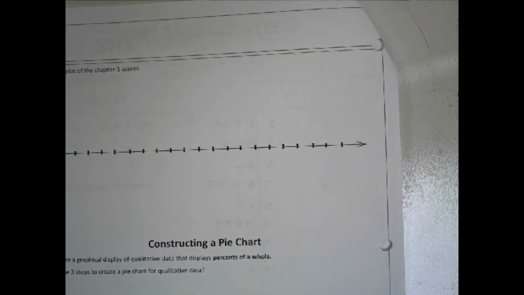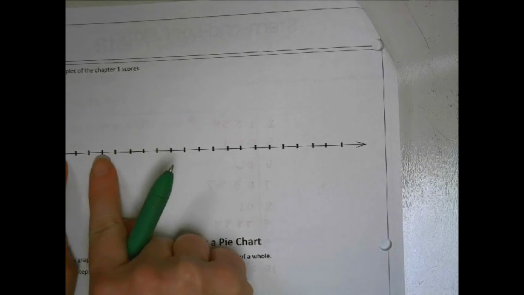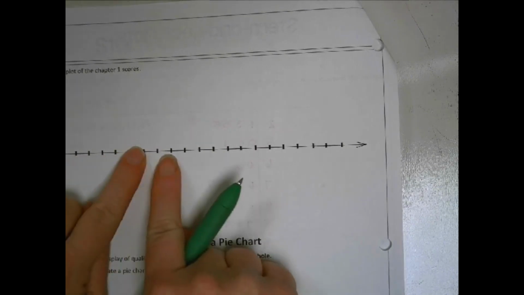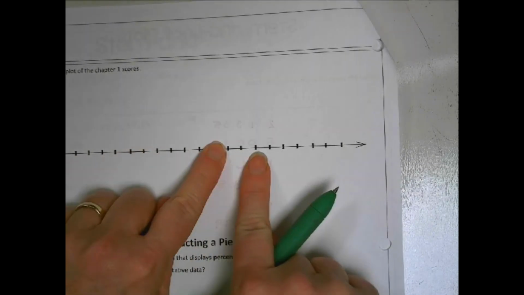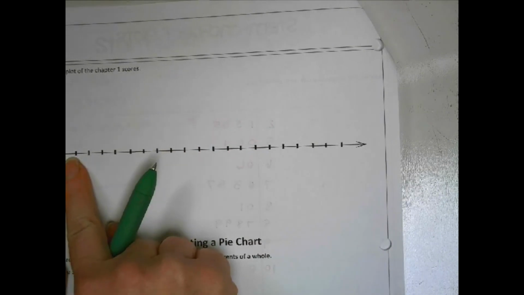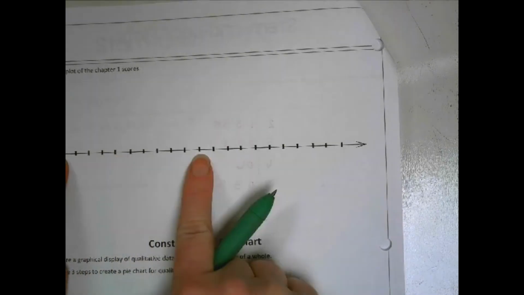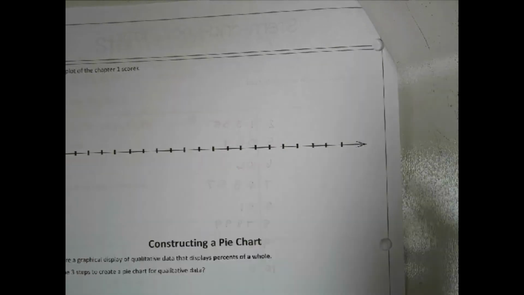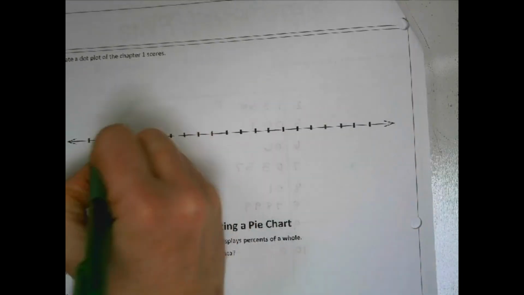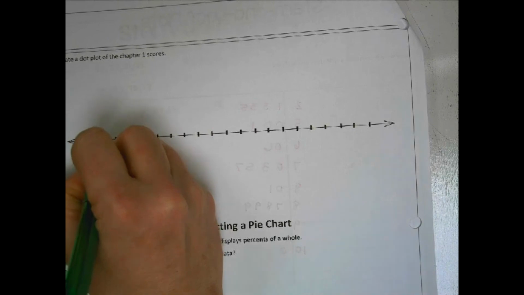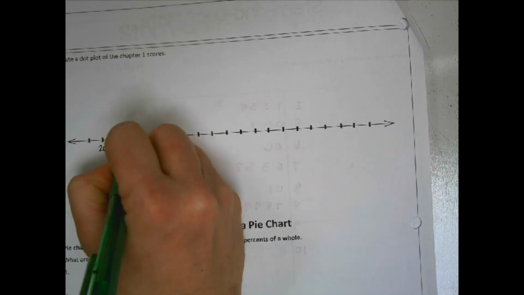Maybe I can count by 2s. Yeah, I think we're going to have to just count by 5s, which means you won't use the whole line, but that's okay. So I'll call this 20, 30, 40.